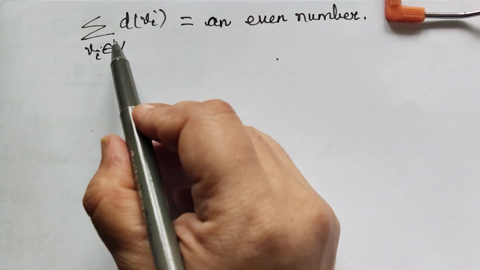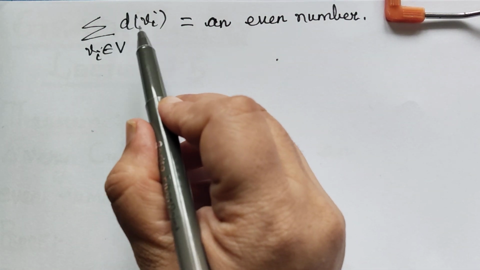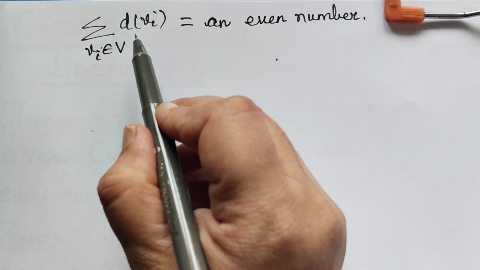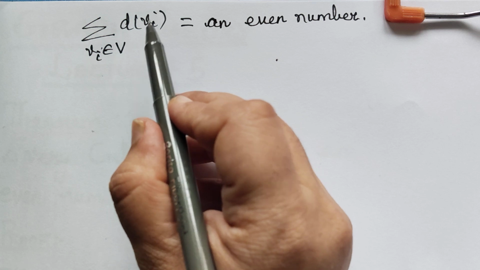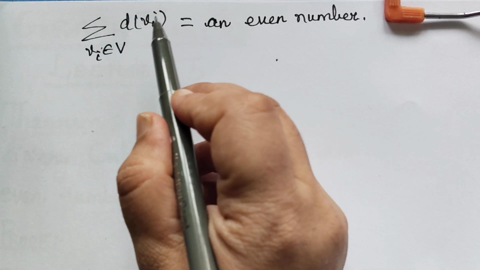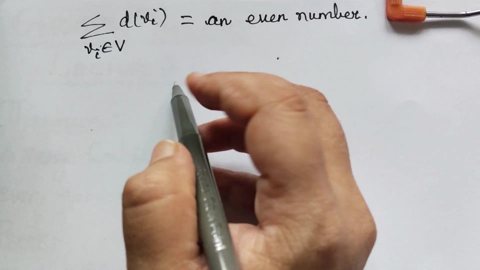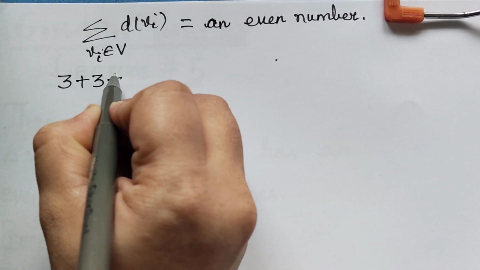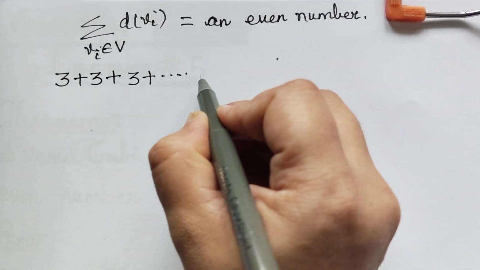Now what is the summation of degree of Vi? It is the sum of the degree of each of the vertices of this graph. Now we know that the graph that we have considered is a cubic graph. Then what will be the degree of each of the vertices? Each of the vertices will have degree 3. So when we sum up, it will be 3 plus 3 plus, because each vertex is of degree 3. And how many 3's we have to sum up?